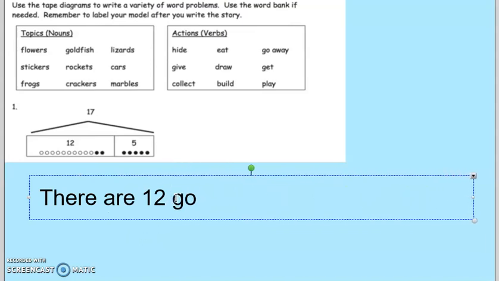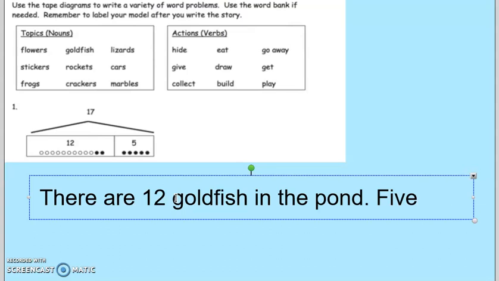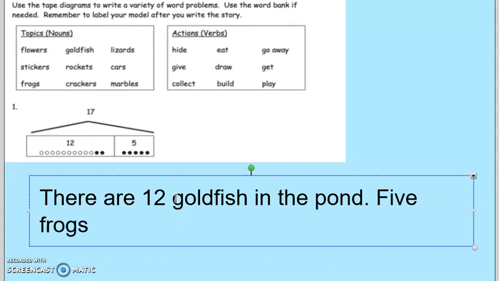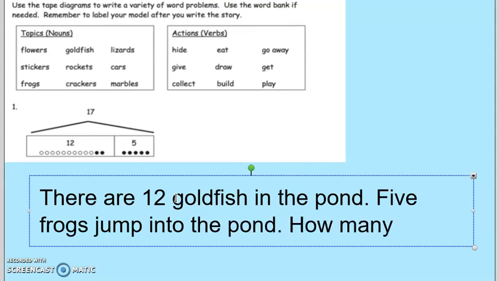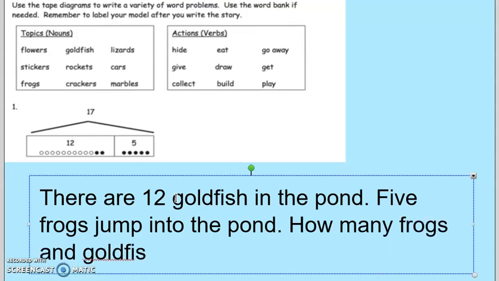There are 12 goldfish in the pond. I'm going to say then 5 frogs jump into the pond. How many frogs and goldfish are there total?